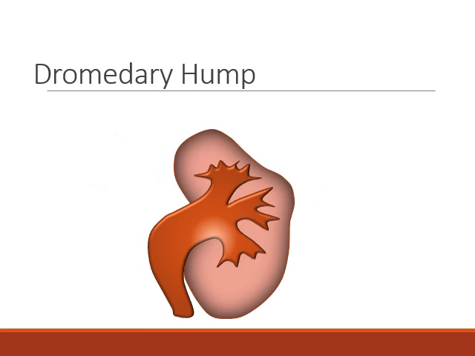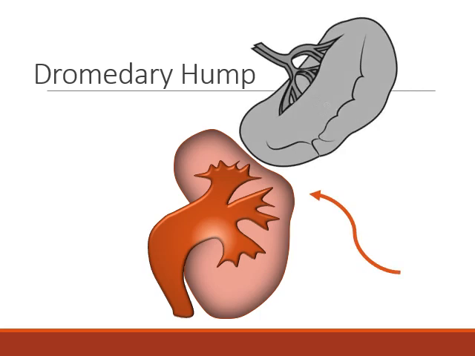The final pseudo-lesion is a dromedary hump or a splenic hump. This is a focal bulge on the lateral edge of the left kidney caused by the splenic impression. That's the spleen there. And it can look like an exophytic mass, but you can tell it's not because the calyces that lie deep to this hump are going to extend further out than the other calyces.